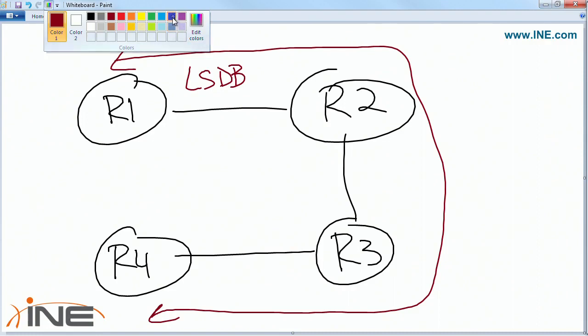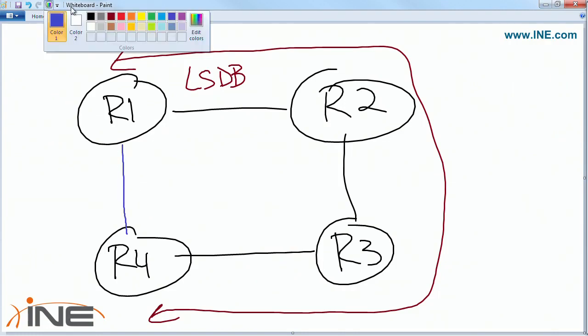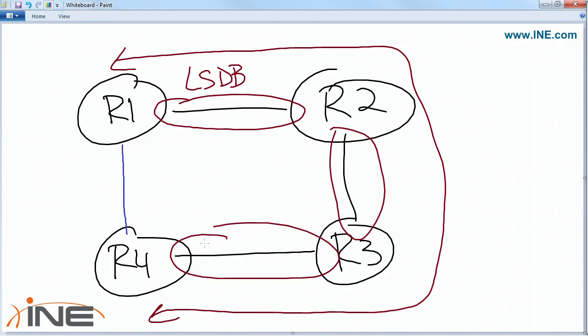If a new connection comes up, let's say between router 1 and router 4, there's no reason that we need to exchange again this link state, and this one, because the routers already agreed on what this map of the network looks like. The only one that needs to be added is the new one.